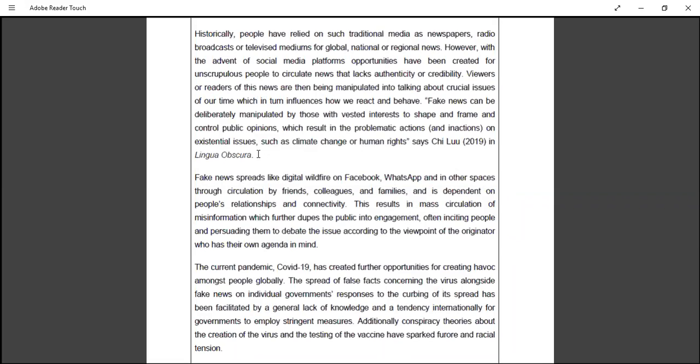And as a result, if you look at the last line, now we are experiencing this pandemic, COVID-19. There's a lot of fake news. There are many people saying whatever they want to say. And this fake news comes from different angles, from politics, from business, from many spaces of society.